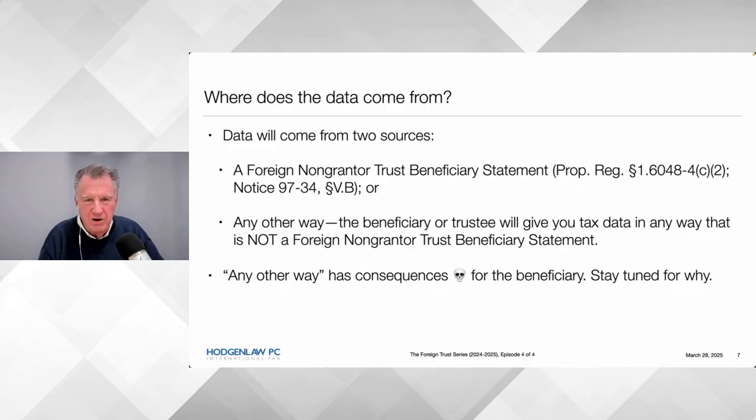It locks you out of a method of calculating the amount of the accumulation distribution that's probably beneficial, and it's going to lock you in to a method for calculating how much of this distribution is received as an accumulation distribution. That's probably going to suck. So you really want to have a trustee who is on the ball and is going to issue a foreign non-grantor trust beneficiary statement to the beneficiary every year on time.